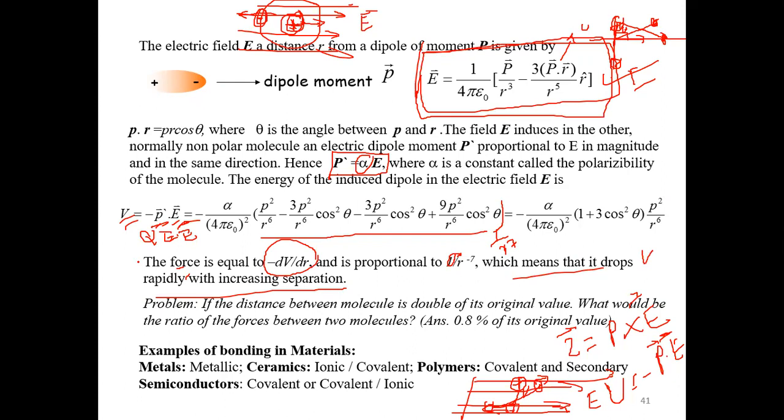So this type of force, which is inversely proportional to a high power of R, is called van der Waals force. Like 1 by R to the power 7 is a van der Waals force. So the force behind the formation of secondary bond is a weak force, which is called van der Waals force. We have just proved it here.